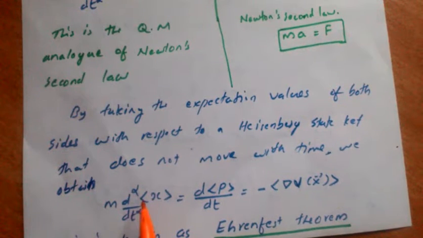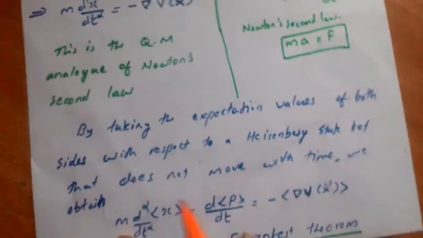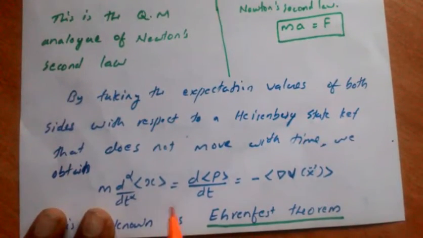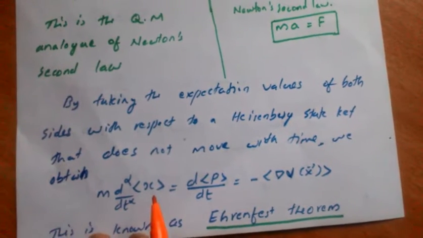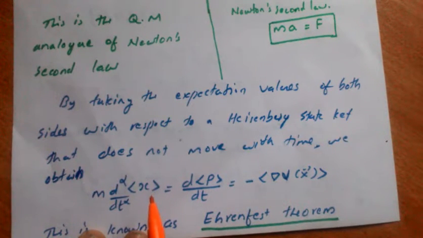Why we are taking this expectation value is that when we take expectation values, it doesn't matter whether we examine this through the Heisenberg picture or the Schrodinger picture. The expectation value in both pictures will be equal.